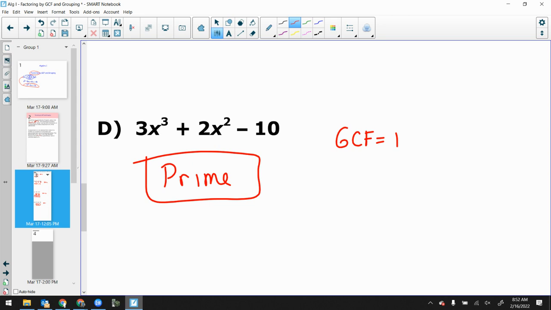But prime is good too, because prime really is correct when you're saying the only factor is 1 and itself, so this is prime. Right, so what would have happened if I tried to divide out 1? It'd be 1 and then that thing. It would look exactly the same. So instead of doing that, we just write prime.